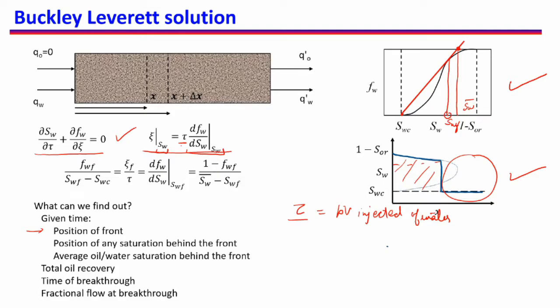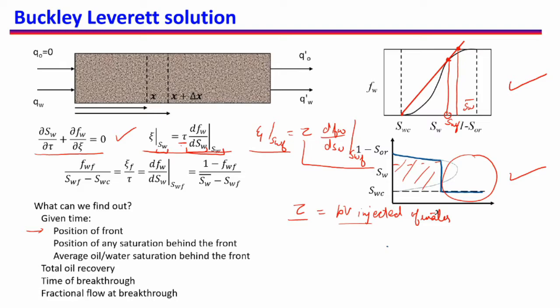Using that SWF, the slope of the FW versus SW curve at SWF, we can find the xi of SWF, which is equal to tau, the pore volume injected, multiplied by dFW by dSW at SWF. Using this we can find the distance traveled by the front at a given time.